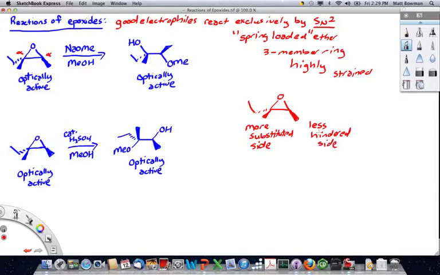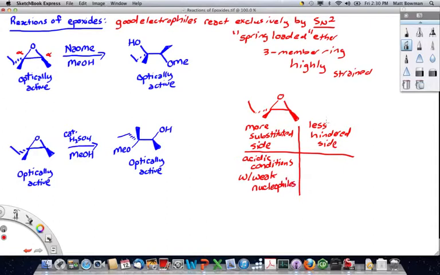And depending on the conditions, you can get the nucleophile to either attack the more substituted side or the less hindered side. If you wanted to attack the more substituted side, this is typically done under acidic conditions, with weak nucleophiles.